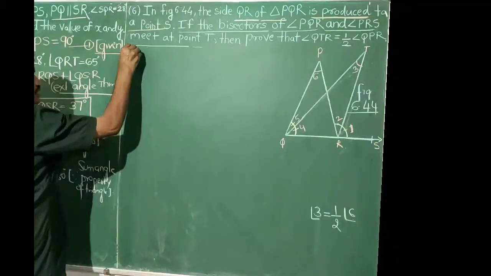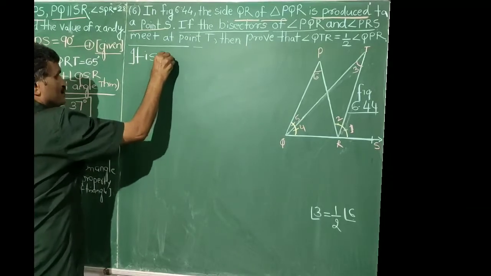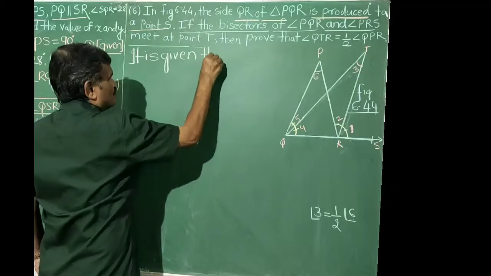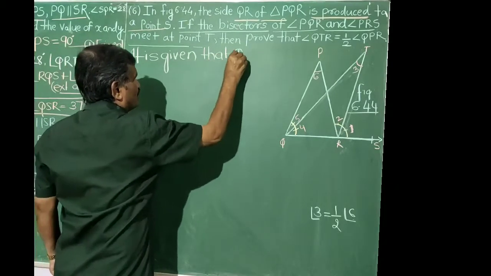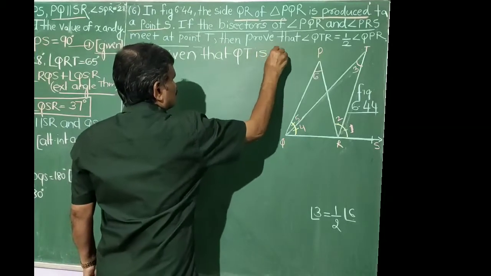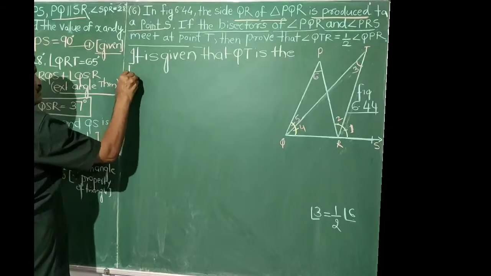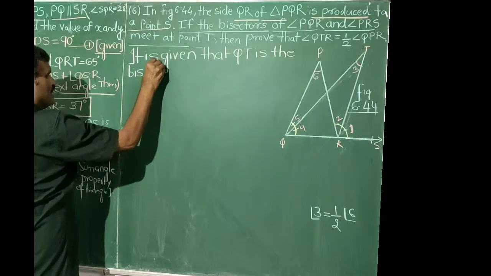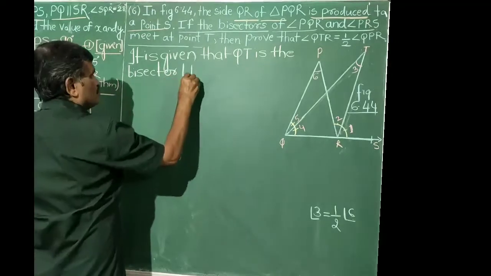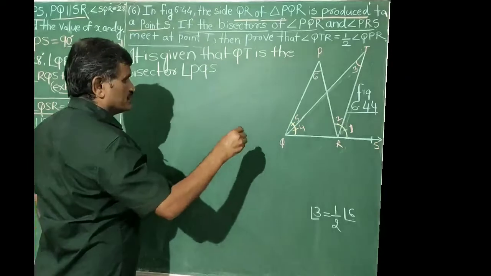It is given that QT is the bisector of angle PQR.